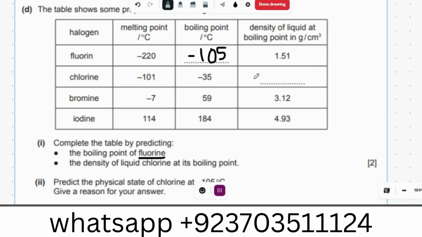I am just predicting. Any value less than minus 35, so I take minus 105. Okay. Now the density should be between 1.51 and 3.1. I'm saying 2.2. Okay, 2.2.